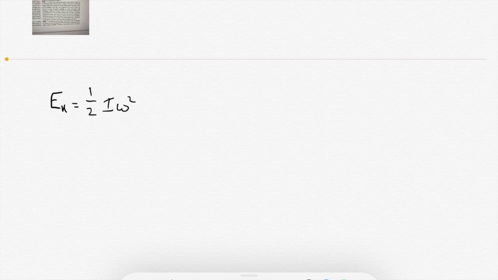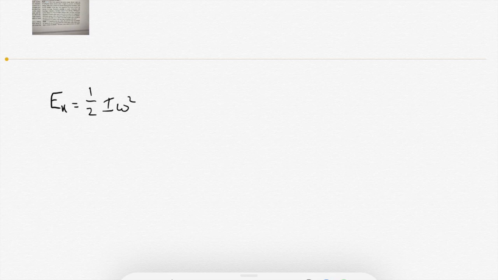The first thing to realize is that the rotational kinetic energy is given by a half I omega squared. You might be more familiar with translational kinetic energy, where E_K is equal to a half m v squared. When we move into rotational dynamics, that kinetic energy is given by a half I omega squared, and here I is the moment of inertia. So that's now our formula for rotational kinetic energy.